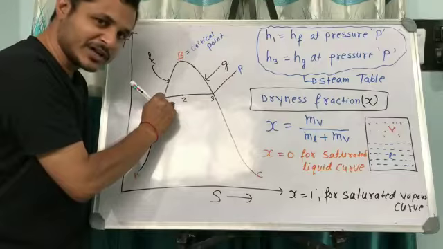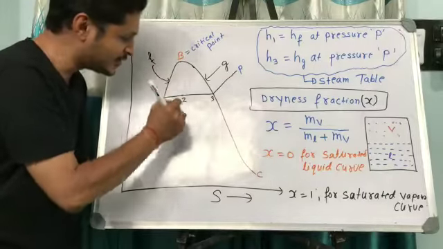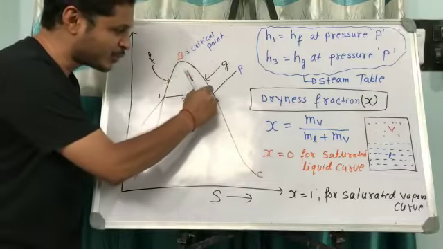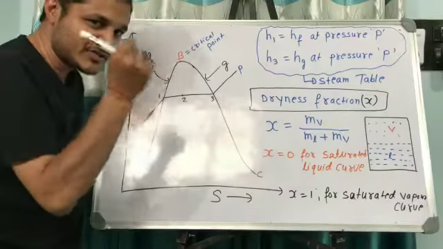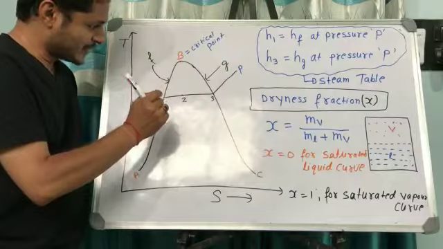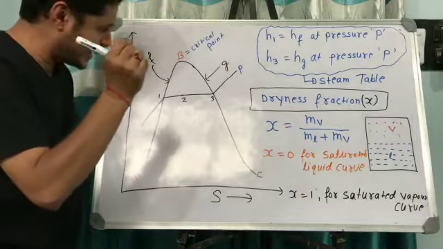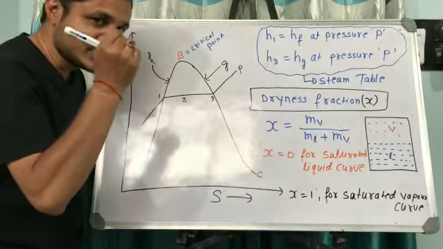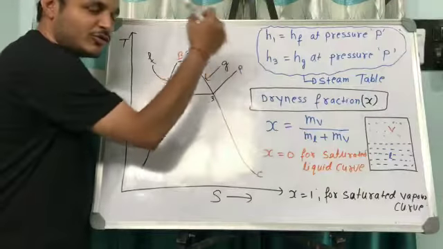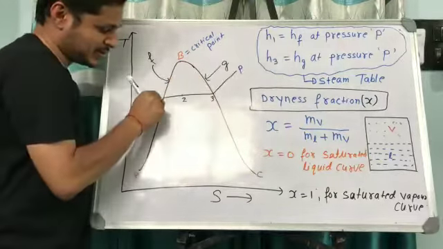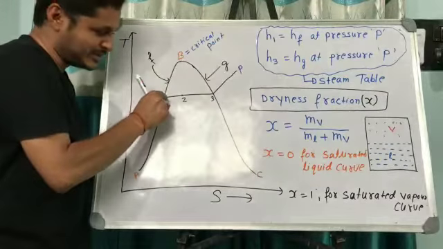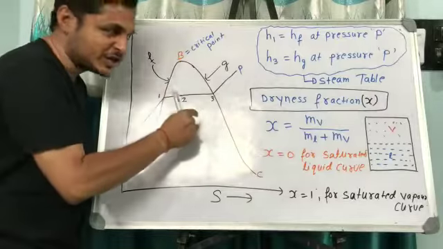So point 1 lies on the saturated liquid curve, point 2 lies in the wet region, that is liquid plus vapor, and point 3 lies on the saturated vapor curve. If we want to find any property at point 1, on the saturated liquid line, how do we find it? Suppose enthalpy: H is enthalpy and H1 is the enthalpy at this point on the saturated liquid curve.